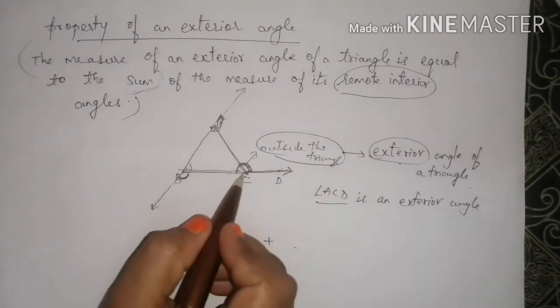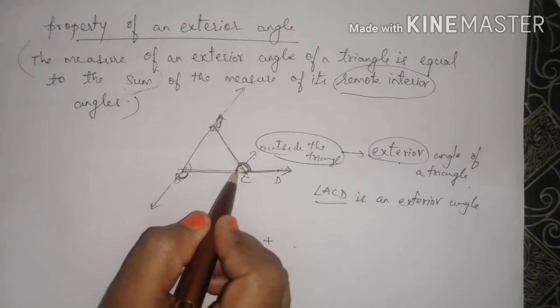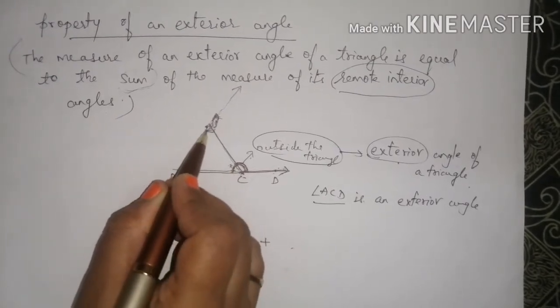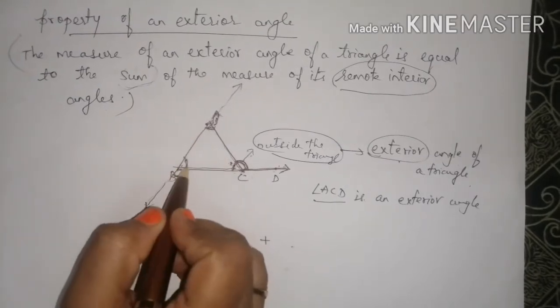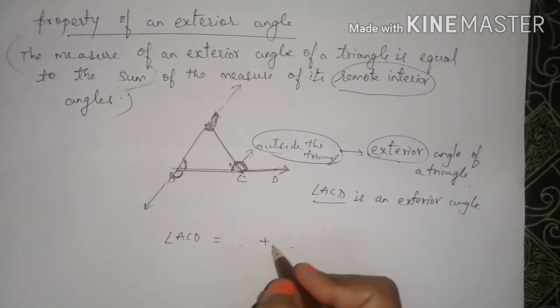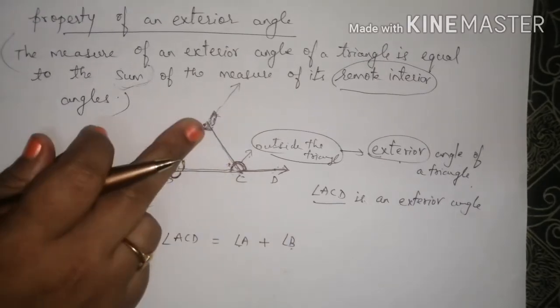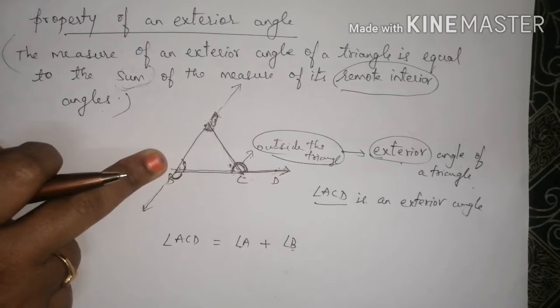If ACD is the exterior angle, this C is inside. So leaving this angle C, you will get two more angles of this triangle. These are the remote interior angles, angle A and angle B, because they are far from this angle C. That is why they are called remote interior angles.